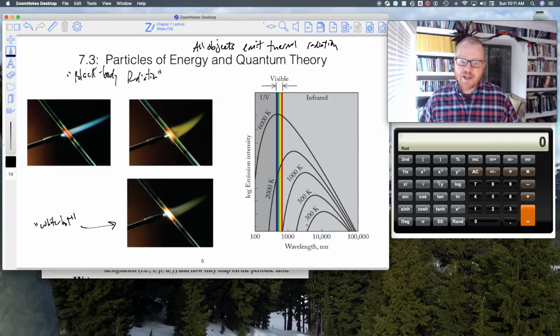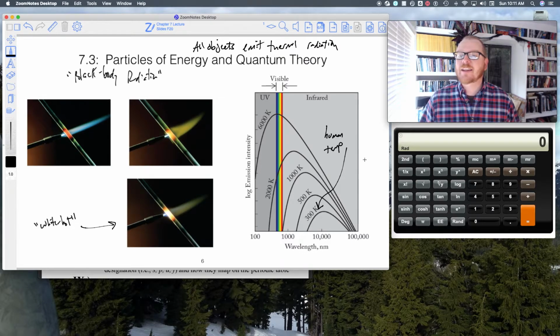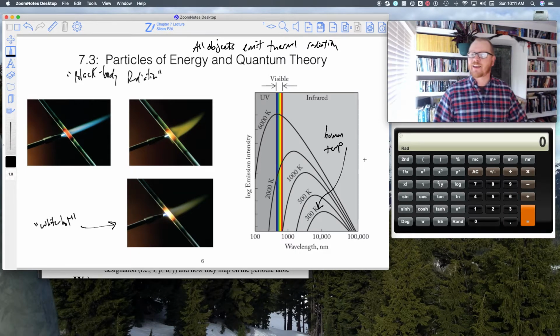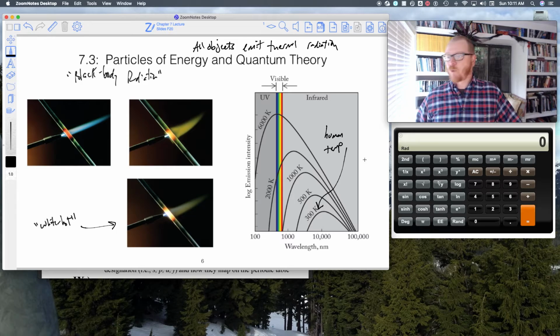So for example, here's an object that's 300 Kelvin. And this, we know, is room temperature, right? Also, that's approximately human temperature. Technically, we're about 310 Kelvin. If you've got the Rona, you're maybe 314 Kelvin, right? Or the flu.